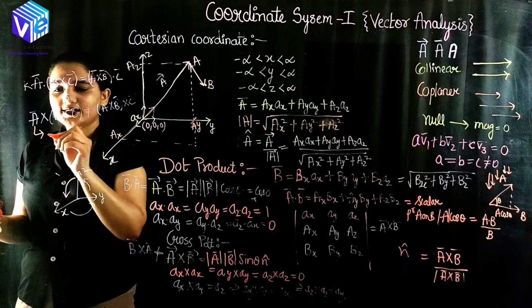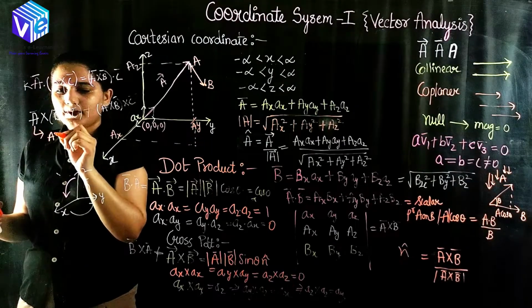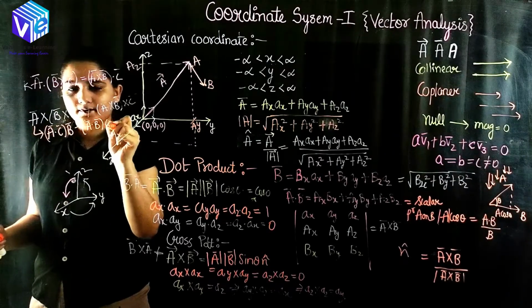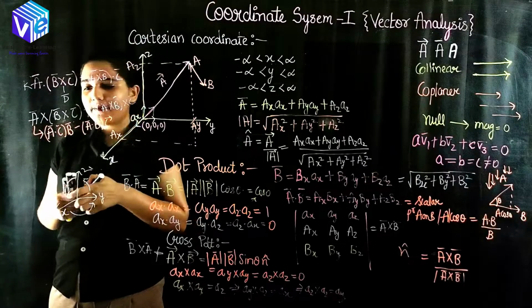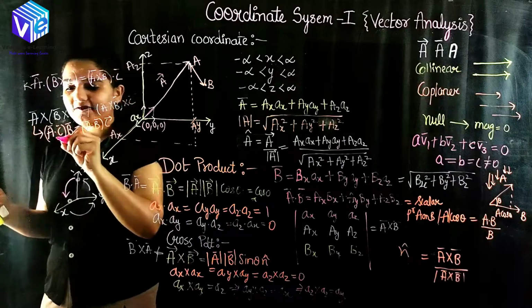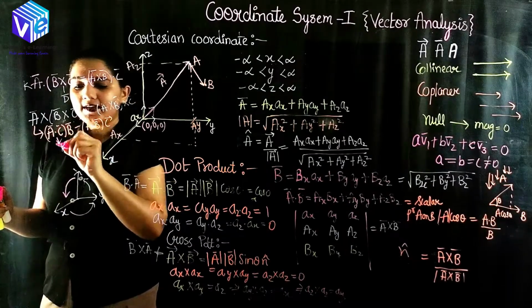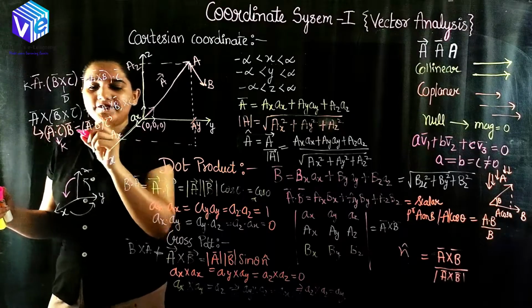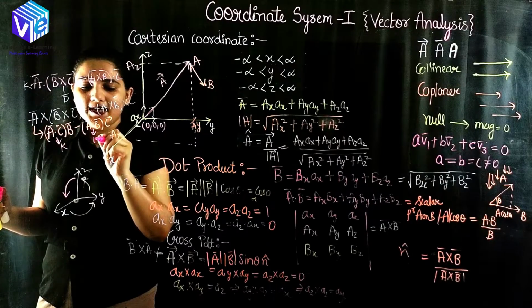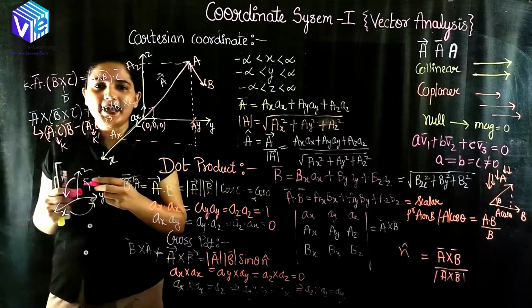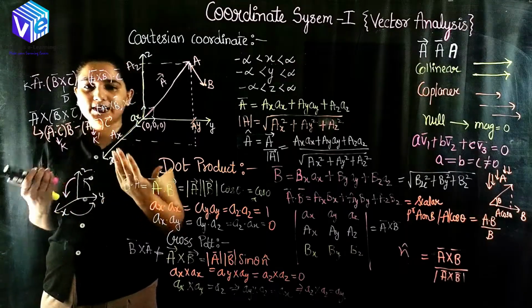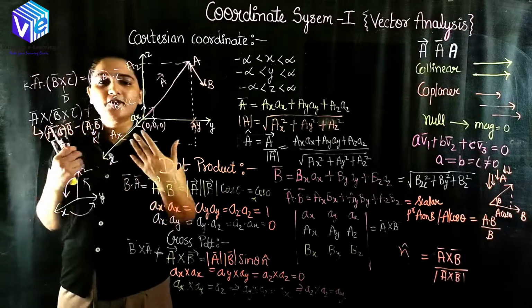A cross B cross C can be found using A dot C, A's dot product with C, multiplied with the B vector. It will give me a constant, a scalar number, which is multiplied with the B vector, giving me a vector quantity. Here this is again giving me a scalar number K dash, which will be multiplied with the C vector, giving me a vector quantity. Now when vector quantities are subtracted, it will give me a vector quantity. So this is called the vector triple product.